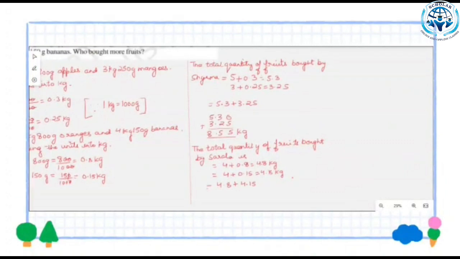Adding both, we will get the total quantity of fruits bought by Sarla. It is equal to 8.95. So, which is greater? Who bought more fruits? Yes. The quantity of fruits bought by Sarla is greater than those bought by Shyama.